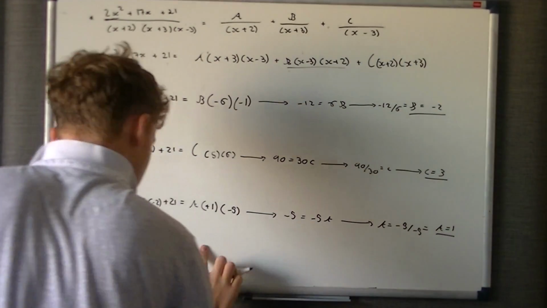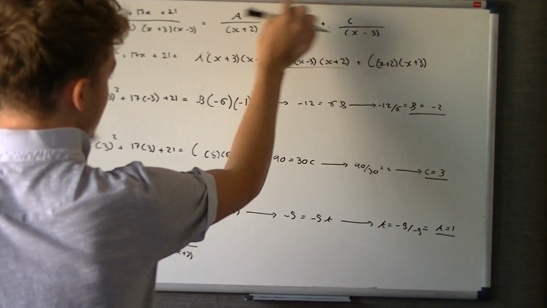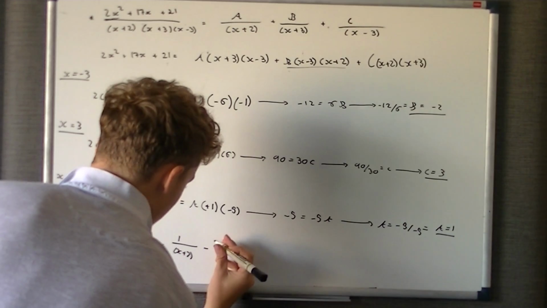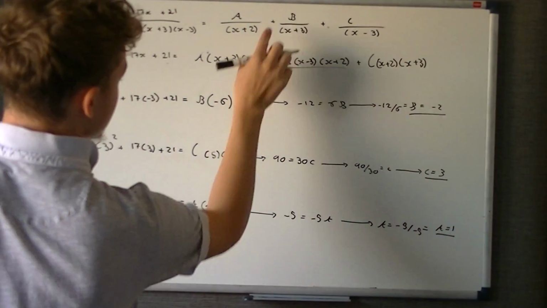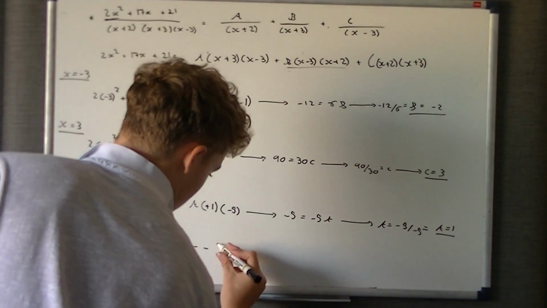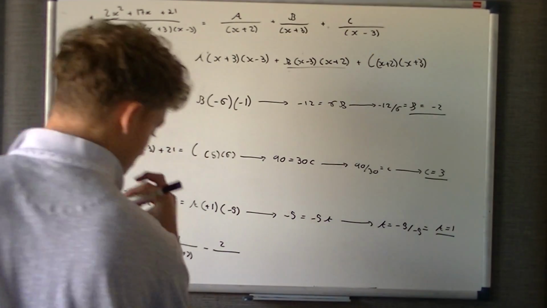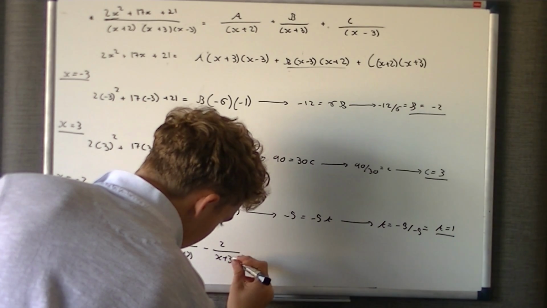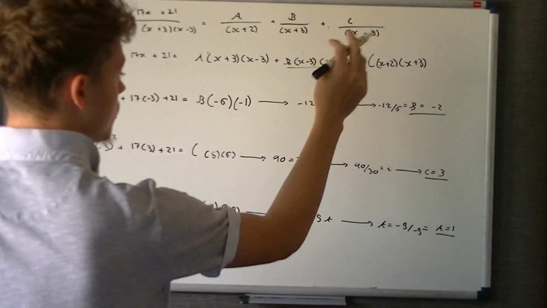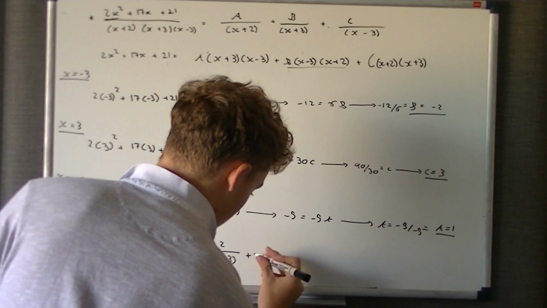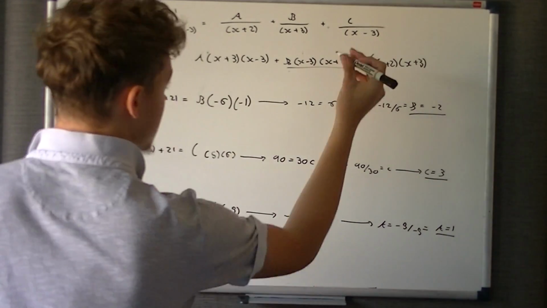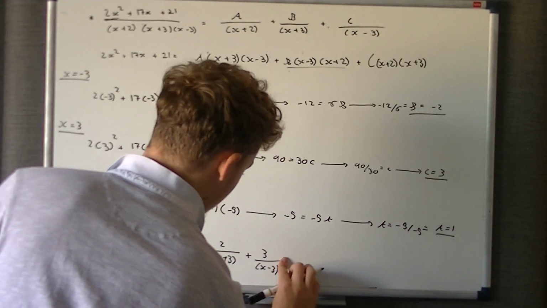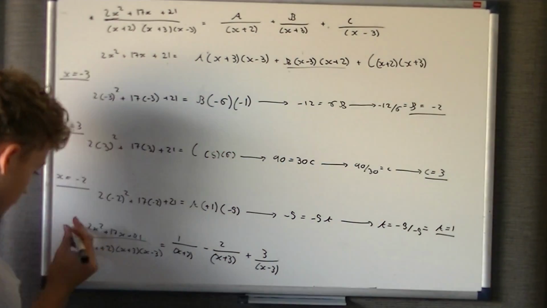Never put a plus until you know what the coefficient of either a, b or c is. So b is minus 2, so it's actually take. Now you don't need to write b is minus 2, you just need to change the sign in front of b. So take 2 over x plus 3. And what was c? C was 3, so we can go positive 3, so plus 3 over x take 3. So that's your answer there.